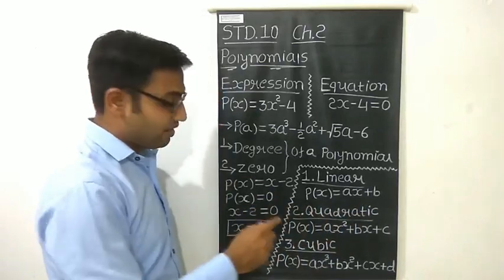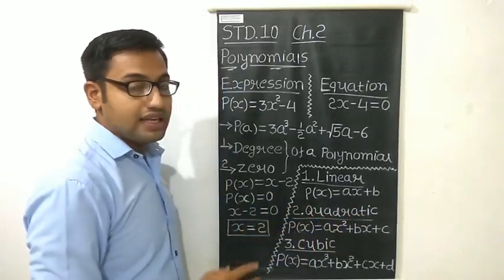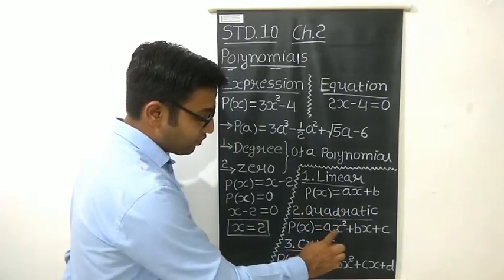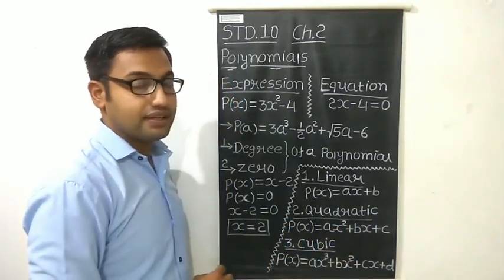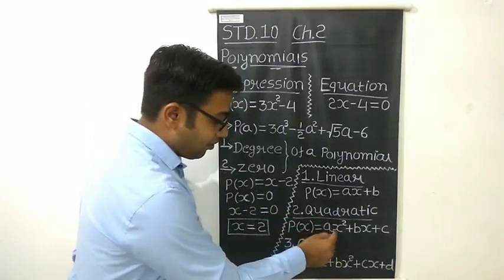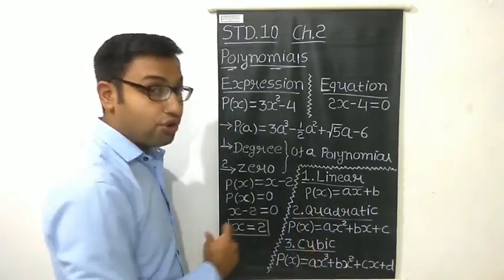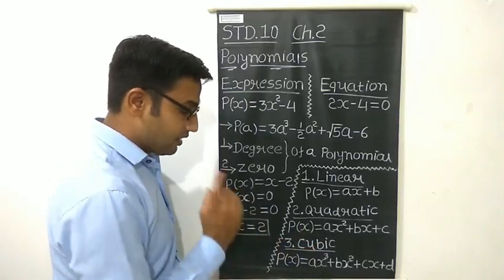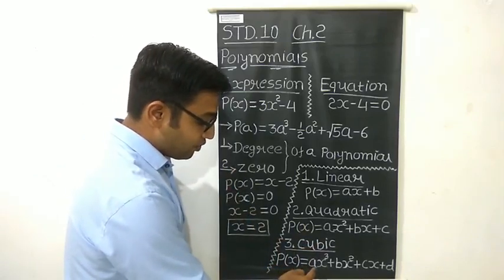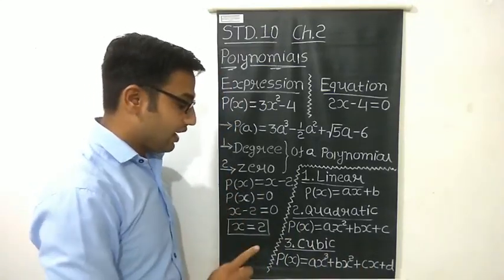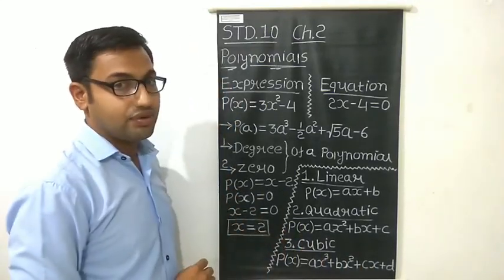The second one is the quadratic polynomial. The standard form of this polynomial is p of x equals ax square plus bx plus c. The maximum power here of variable x is 2. The third type is the cubic polynomial. The standard form is p of x equals ax cube plus bx square plus cx plus d, and the highest power is 3. Okay.